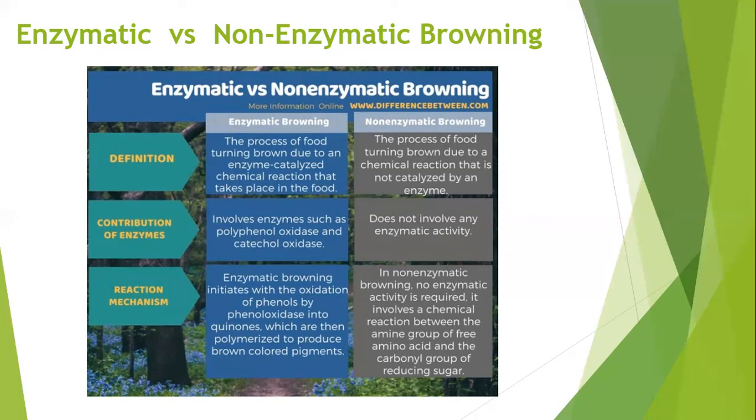In non-enzymatic browning, no enzymatic activity is required. It involves a chemical reaction. Again, I am saying the caramelization and the Maillard reaction between the amine group of free amino acids and the carbonyl group of the reducing sugar. We have discussed these sugars, carbohydrates, and all. So this is all about enzymatic and non-enzymatic browning.